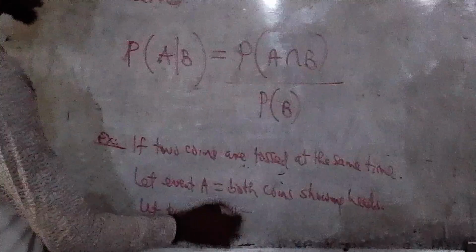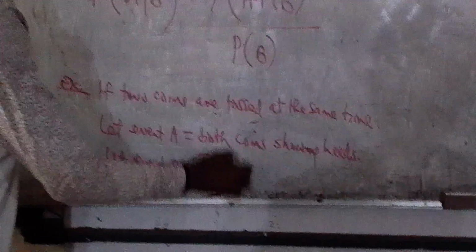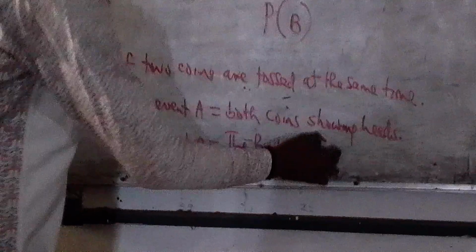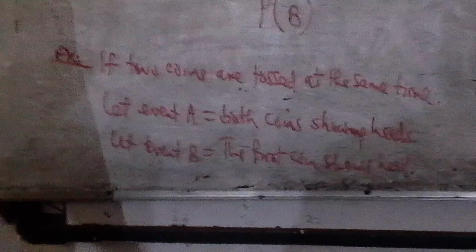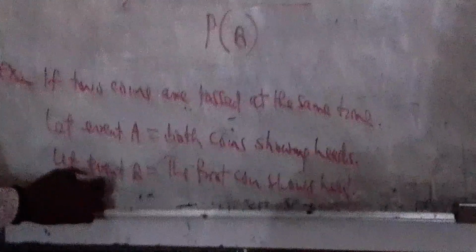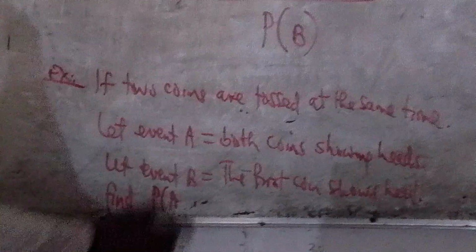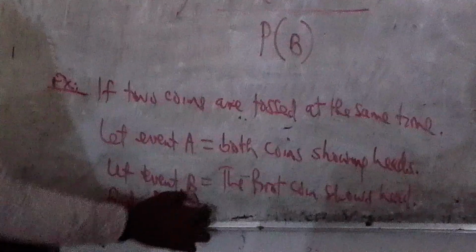Let event B be the first coin shows head. Then the question is to find the probability of A happening or occurring, given that B has already occurred.